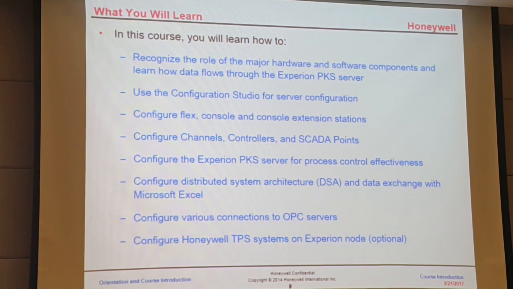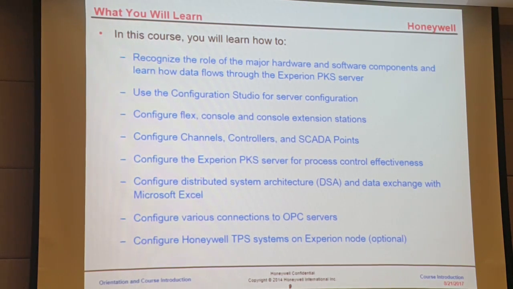We will then go ahead and make the server effective for process control, and we will wrap up by talking about, once the server is up and running, how to use Experian data in our application.